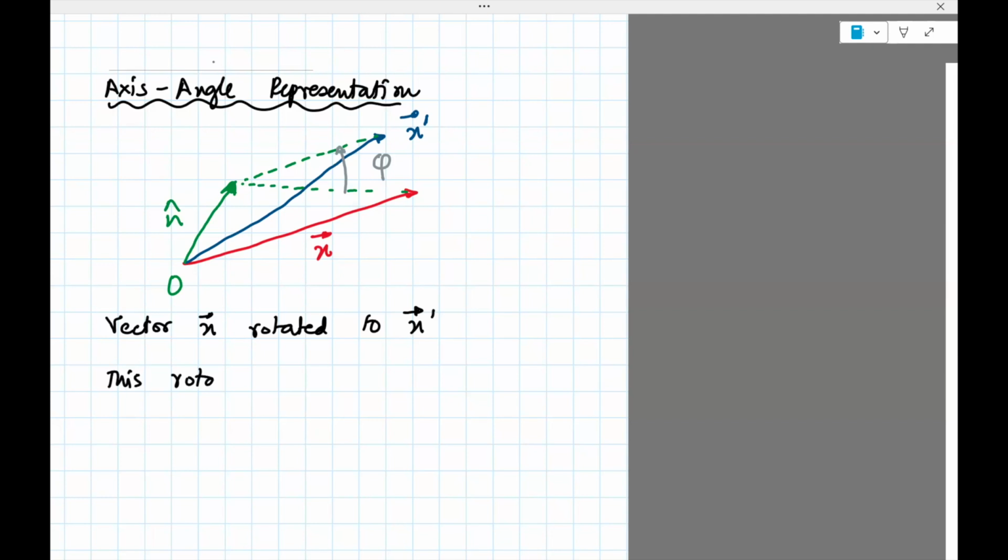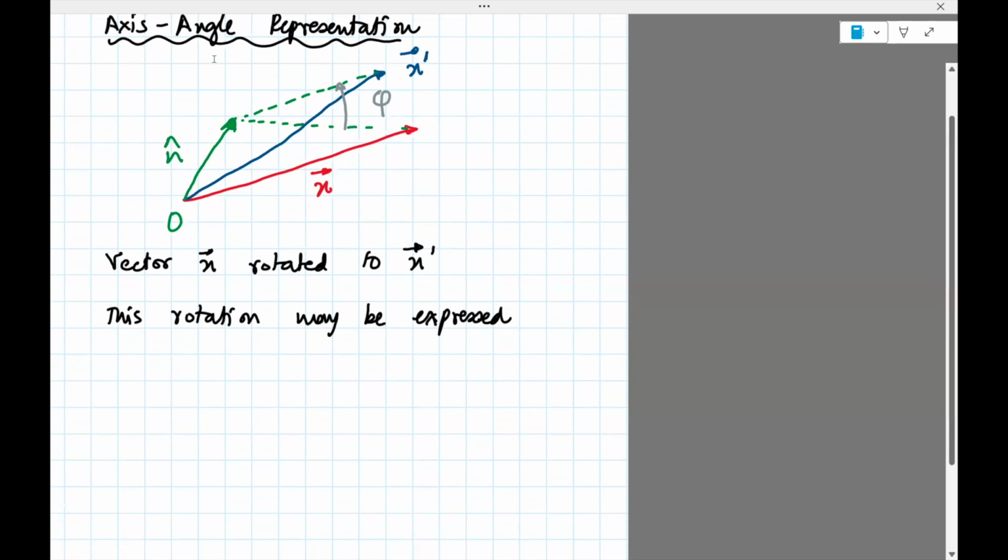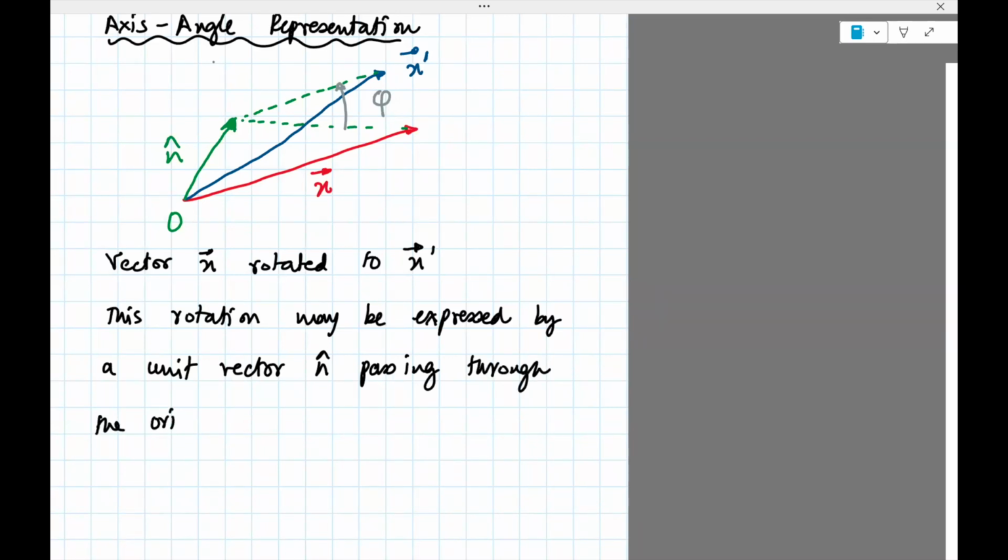This rotation may be expressed by a unit vector n passing through the origin, like I showed here, that O there shows the origin.